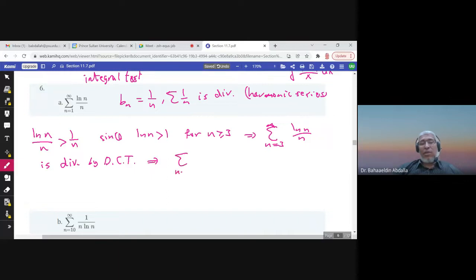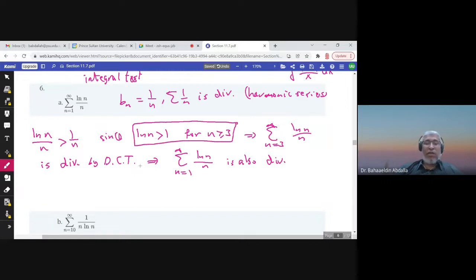Hence, summation from 1 to infinity of ln n over n is also divergent, because if you add two or three terms to a divergent series, it will remain divergent. So put this in your mind. You may use this in the comparison test: ln n greater than 1.